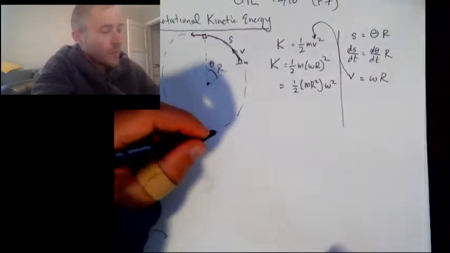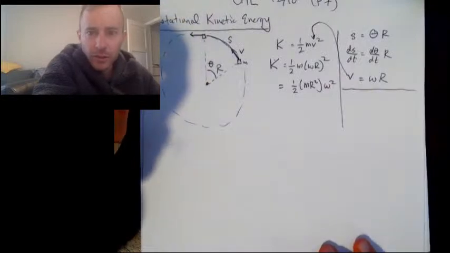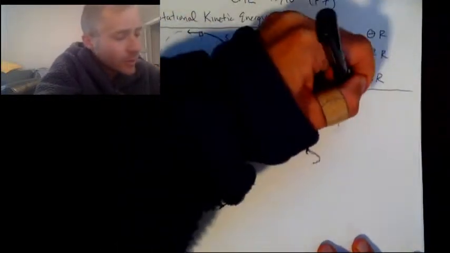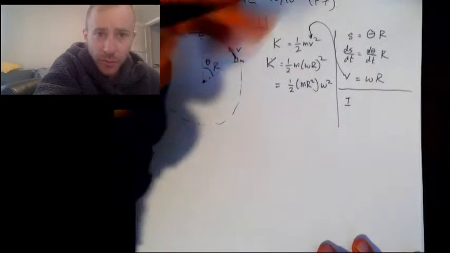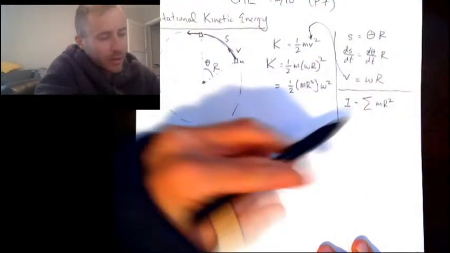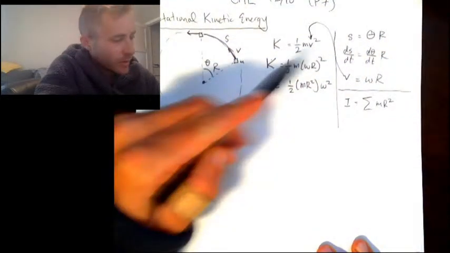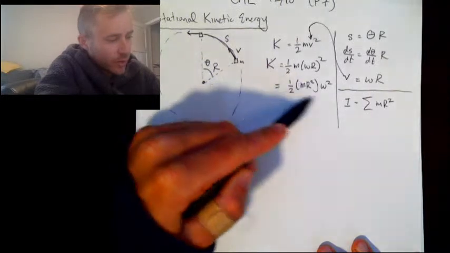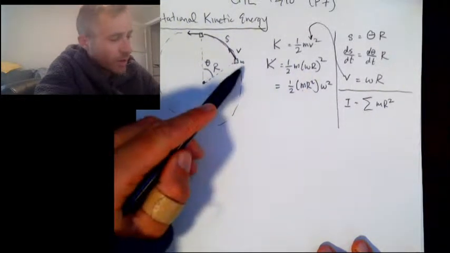Okay? Now, if you recall, when we discussed rotational inertia, the formula for rotational inertia for discrete masses is the sum of m r squared. So I can see m r squared is here, m r squared is there. So this is actually the rotational inertia of that mass.